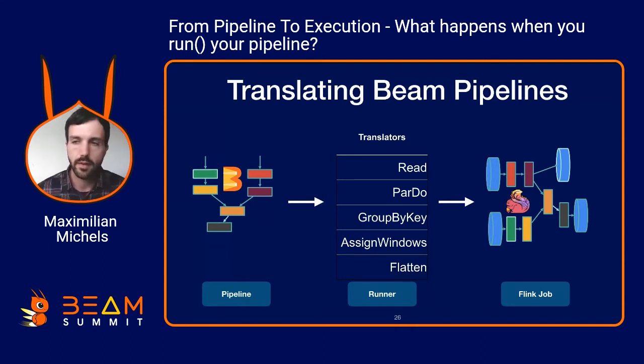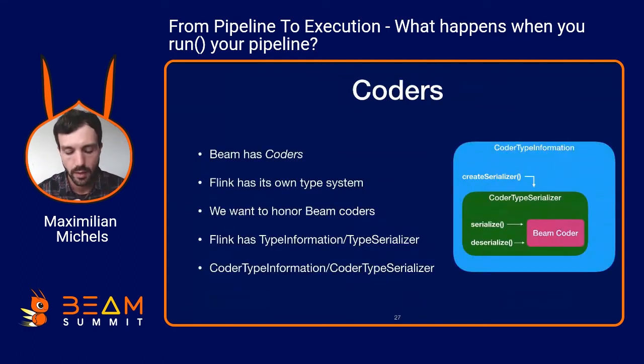One of the first steps that we need to solve is thinking about coders. When we pass data to Flink, Flink has its type system and its own serializers and knows how to make sense of that data, how to serialize and deserialize it.